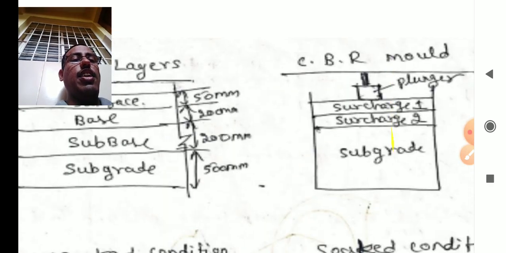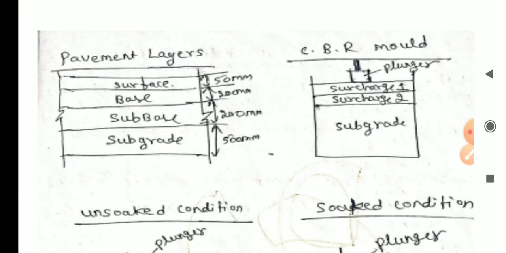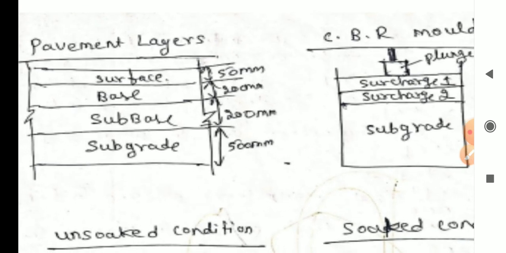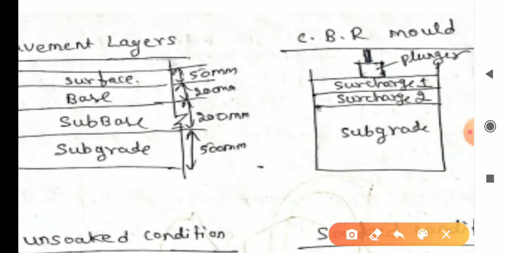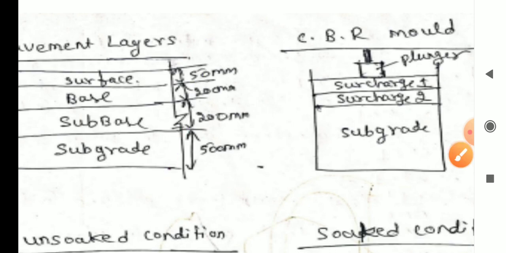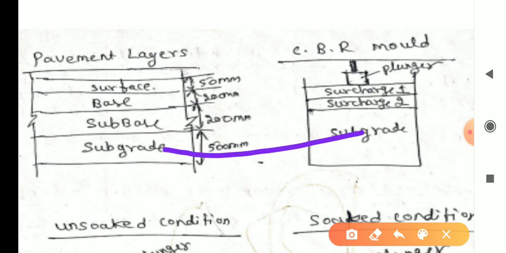This is the CBR mold, and this is the pavement layers. The CBR mold should simulate the pavement layers. Here we have the subgrade and the subbase. One surcharge weight, or surcharge disk, simulates the subbase. Another simulates the base layer.